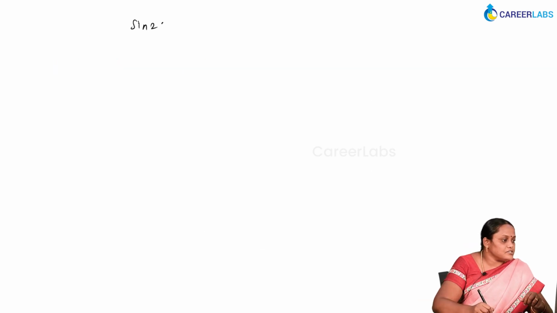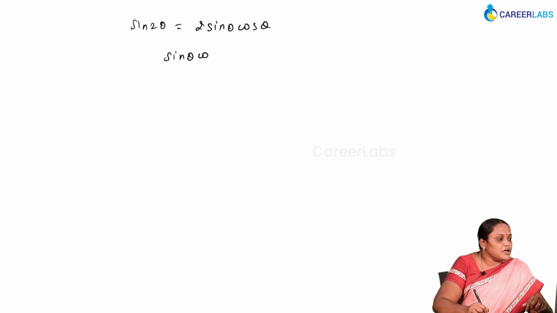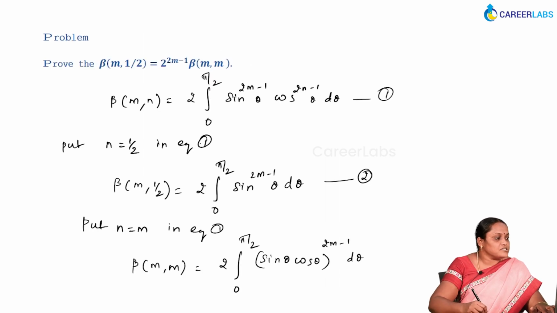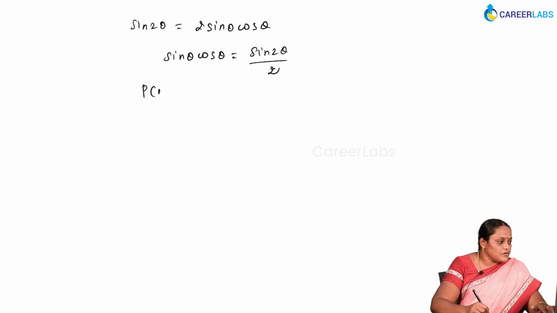Sin 2 theta is nothing but 2 sin theta into cos theta. Therefore, sin theta into cos theta can be written as sin 2 theta divided by 2. So let us consider the last equation, beta of m comma m is equivalent to 2 times integral 0 to pi by 2.